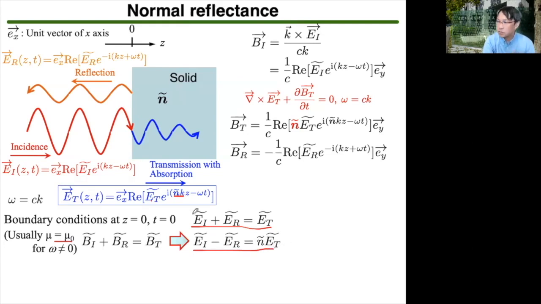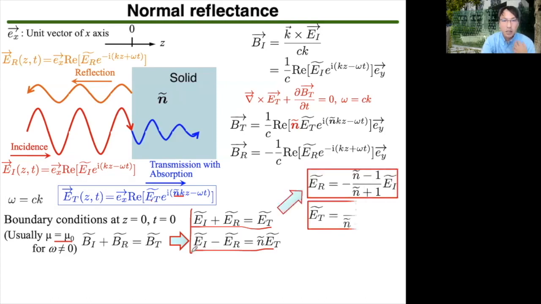From these two equations, we obtain the amplitudes E_R tilde and E_T tilde as a function of E_I tilde and the complex refractive index N tilde, as shown here.